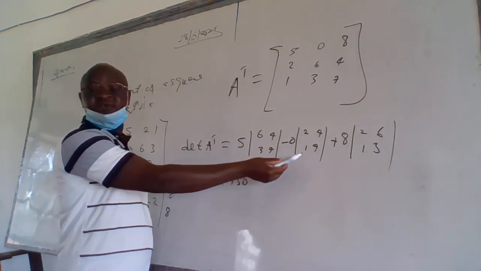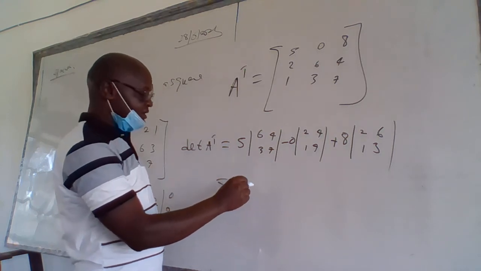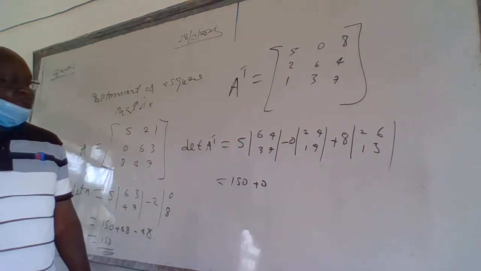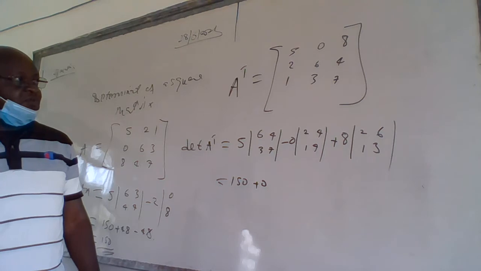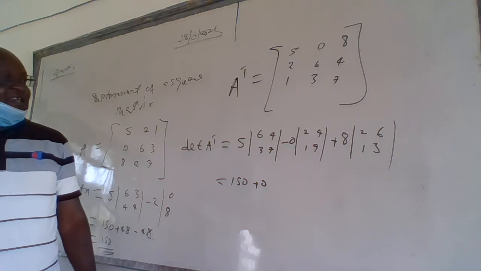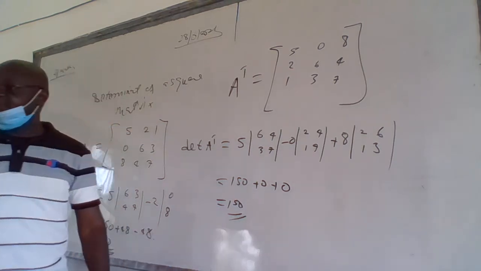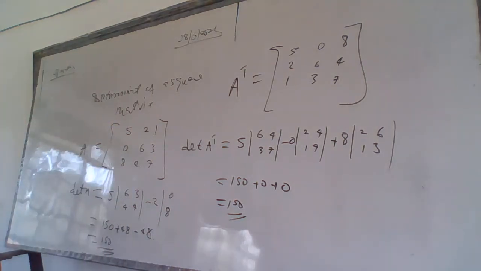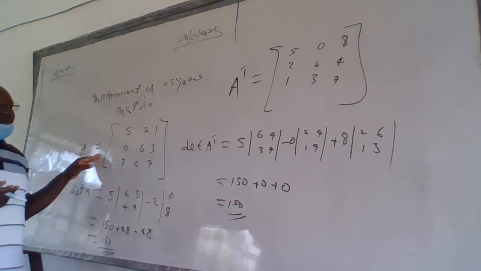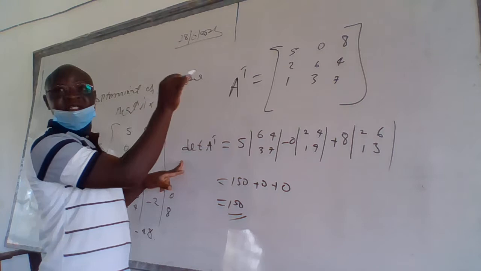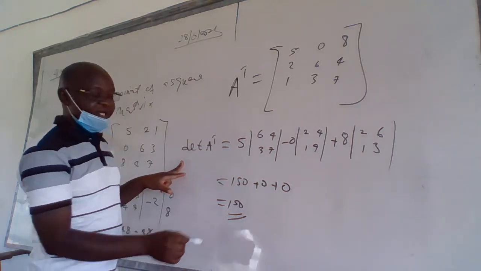Of course, this will be 0, then plus 0. Then we have 3 times 2, which is 6. 6 minus 6 is 0, times 8, 0. So it equals 150. So you can see that the determinant of the matrix is equal to the determinant of the transposed matrix, because this is 150, and after transposing matrix A, you still get the determinant as 150.